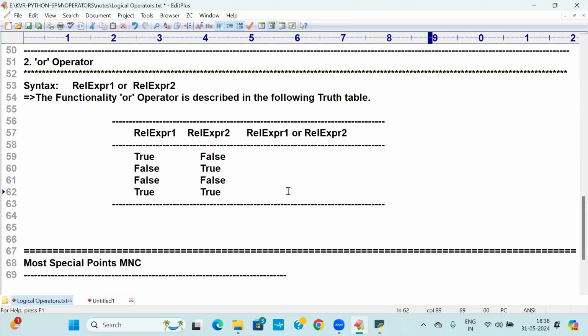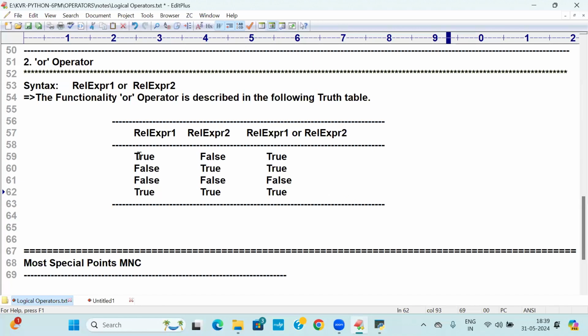What does the OR operator say? If either one of them is true, the result is true. If any one of them is false, the result is false. Tell me, come on, speak out. True, true, true. Next, false, true, true. Next, false, false, false. True or true, true.